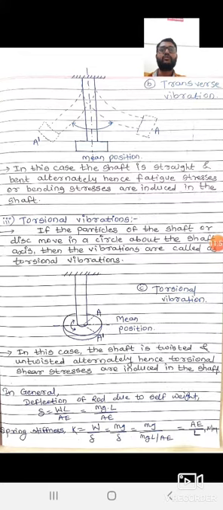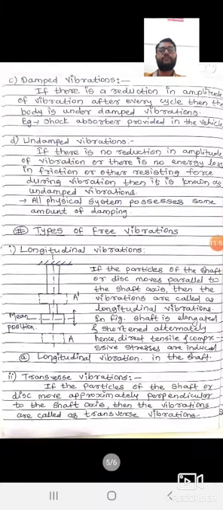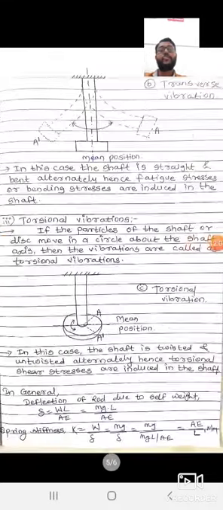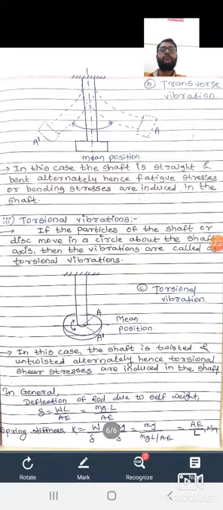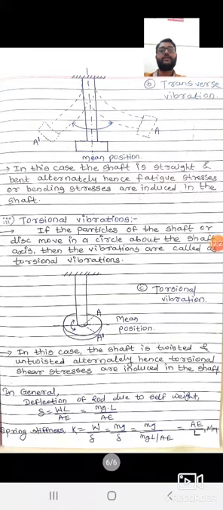There are two positions of the shaft given, A dash and A. This means the shaft vibrates, and the particles of the shaft or disc move approximately perpendicular to the shaft axis. This is called transverse vibration. The diagram shows the shaft is straight and bent alternately. Hence fatigue stresses or bending stresses are induced in the shaft.